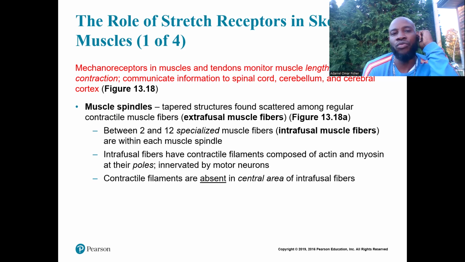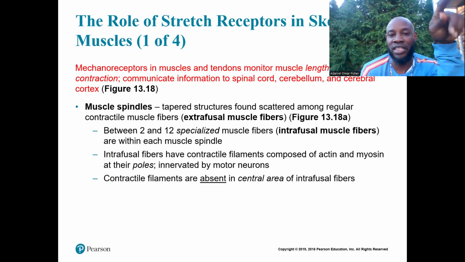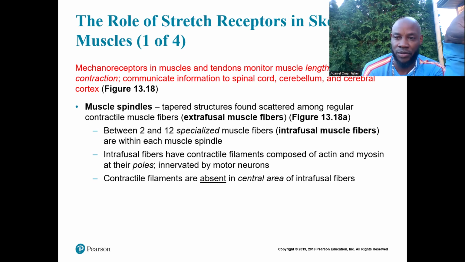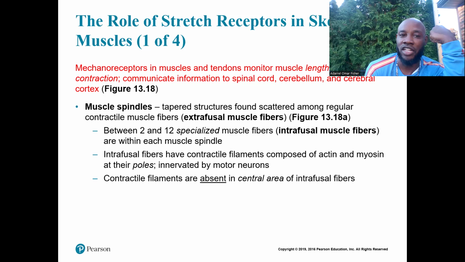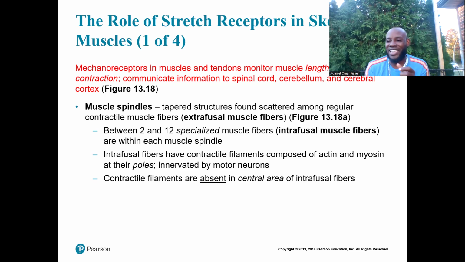So we have mechanoreceptors in muscles and tendons, monitor muscle length and force of contraction, communicate information to the spinal cord, cerebellum, and the cerebral cortex, right? So my body is sensing.